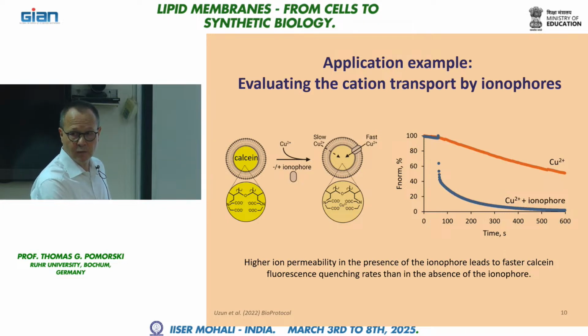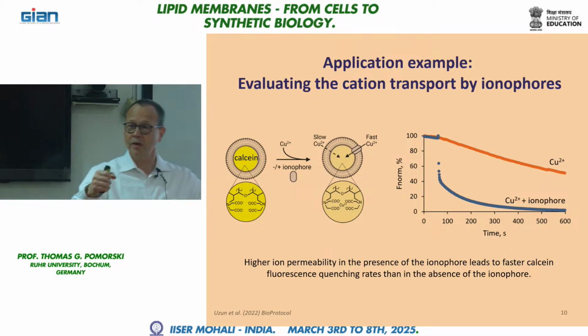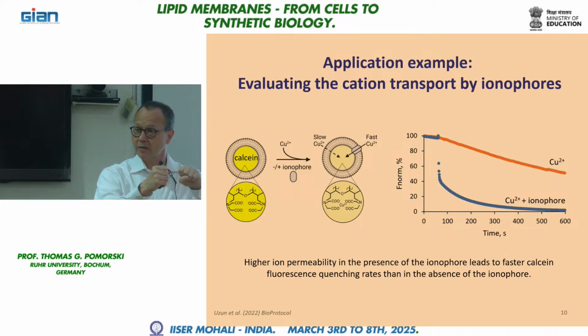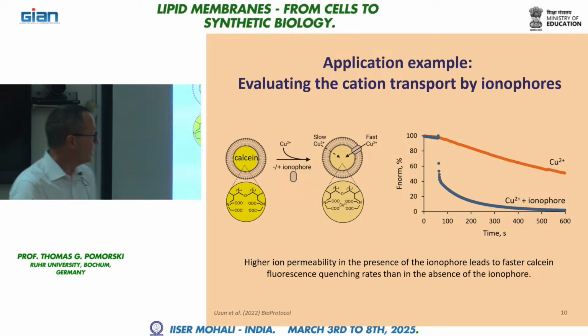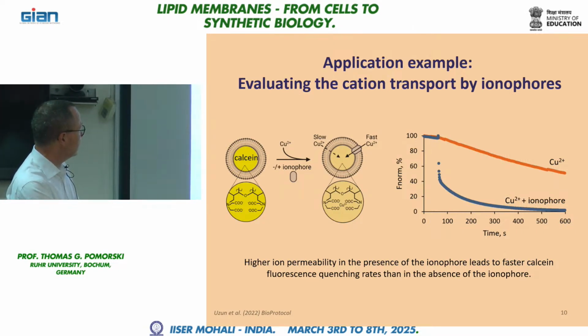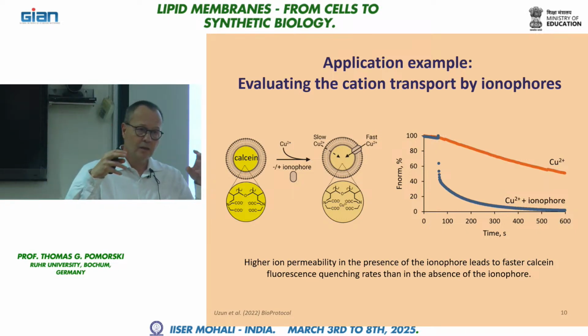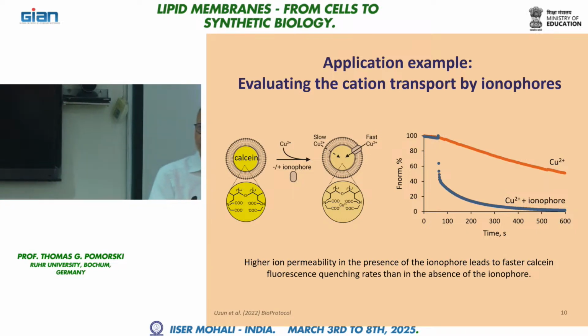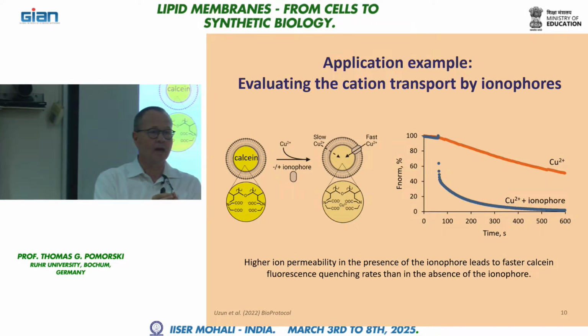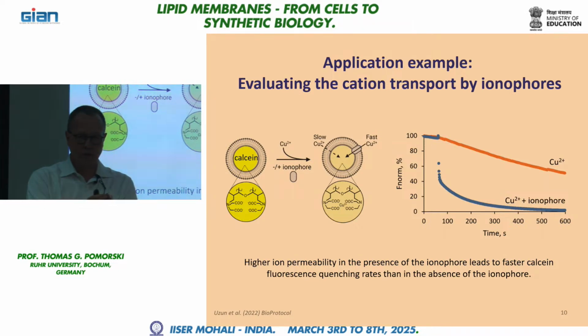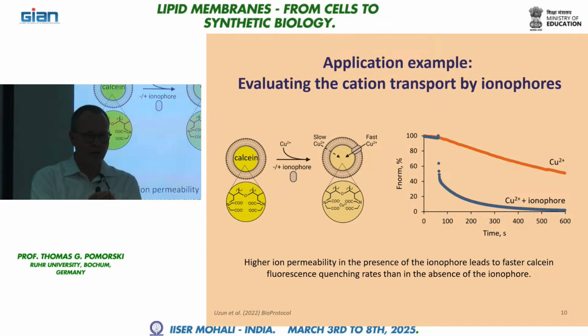If you are interested, for instance, whether a protein causes leakage or whether a protein induces fusion of vesicles with each other, in this case you would load the calcein in very high concentrations. When fluorophores come together in very high concentrations, there is a process happening that we call quenching.